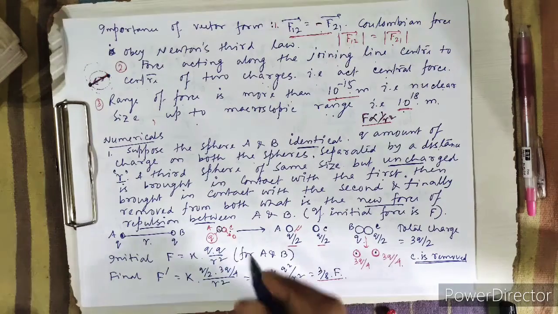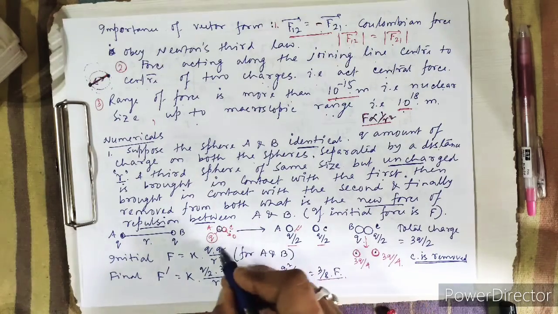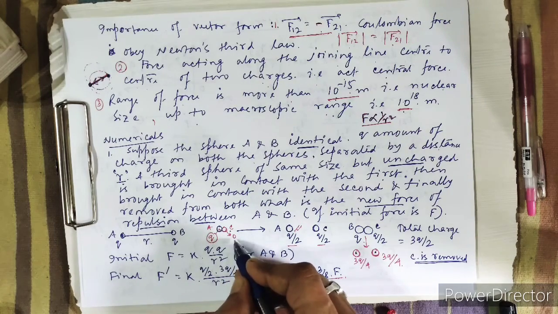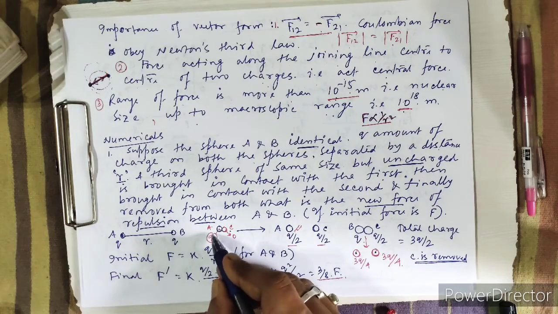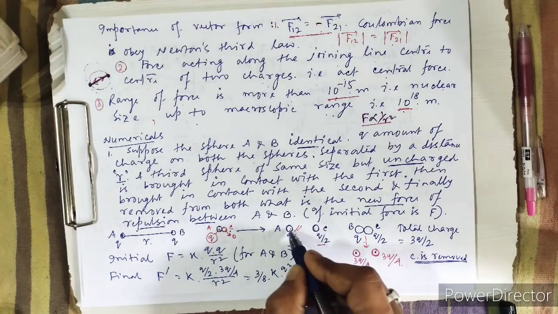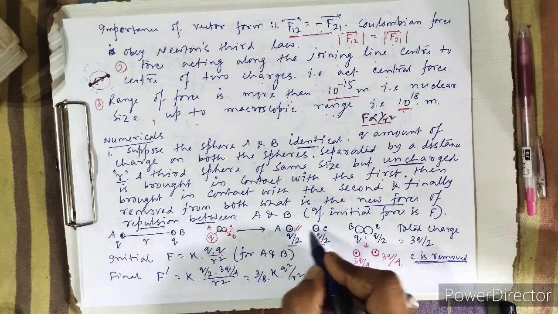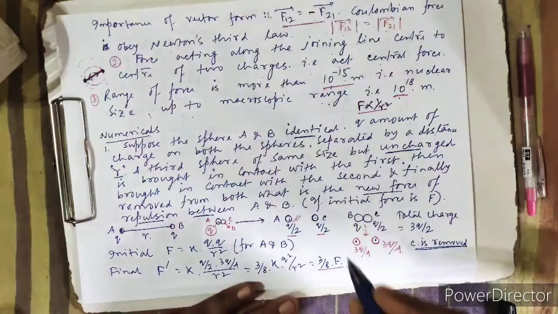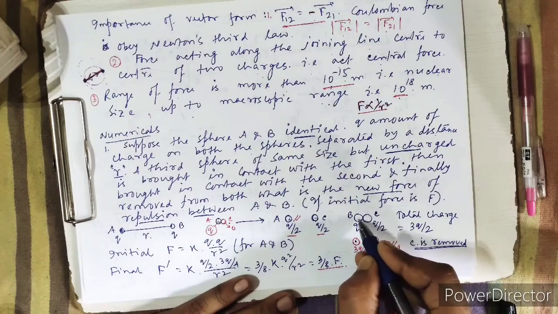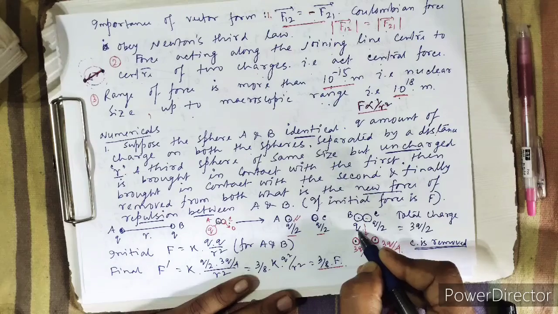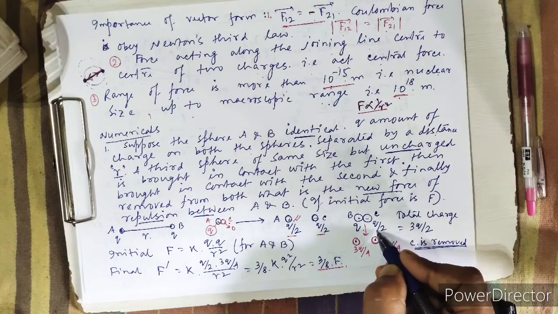That means first you contact C with A. A has charge Q and the charge of C is 0, so this Q amount of charge is shared between both the spheres, Q by 2 each. Now this C charge contacts B. B has Q amount of charge, C has Q by 2 charge.